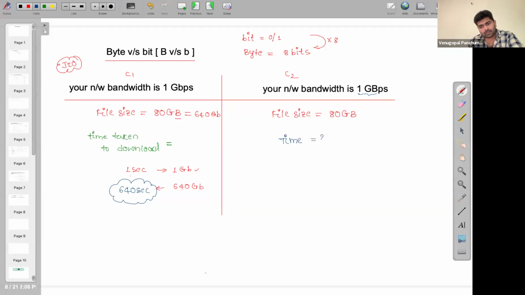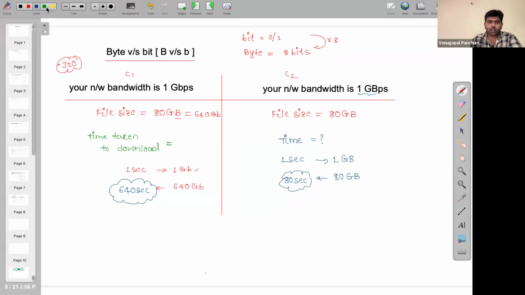In 1 second you are able to download 1 capital GB of file size. If you want to download 80 GB, it's just a multiple of 80. So 80 seconds you are going to take.